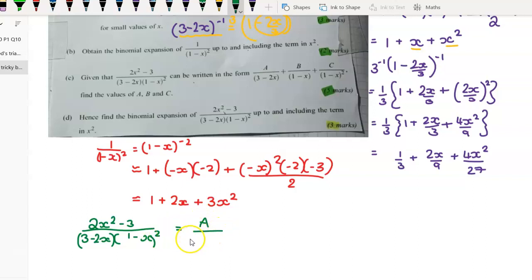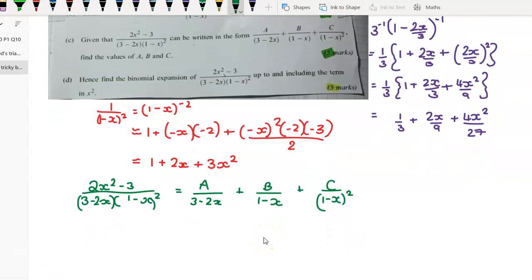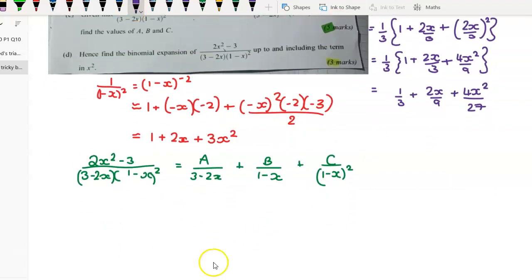Okay, and we're told that it can be written in this form here. Now, we don't need to do any algebraic division or anything like that because the powers on the top are smaller than the powers if we multiply all these on the bottom. Right, so we're going to have to do a bit of cross-multiplying here. We want the denominators to be the same on both sides.